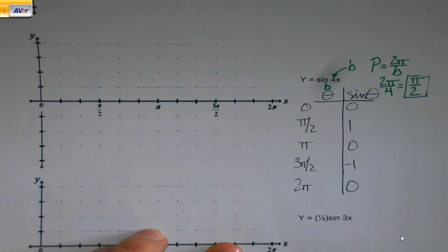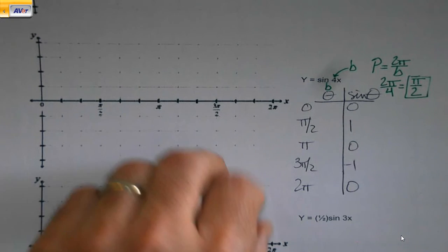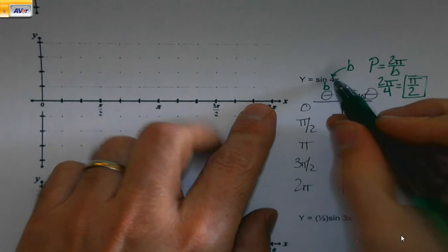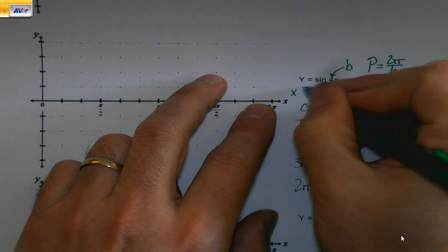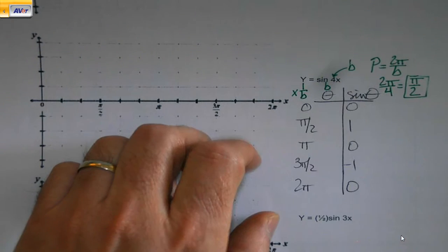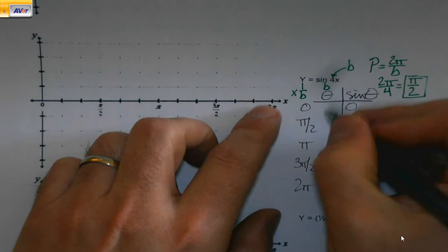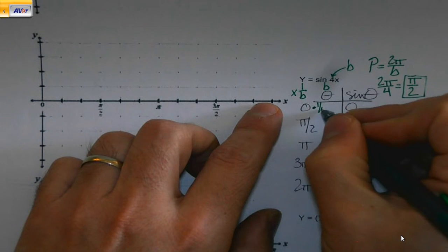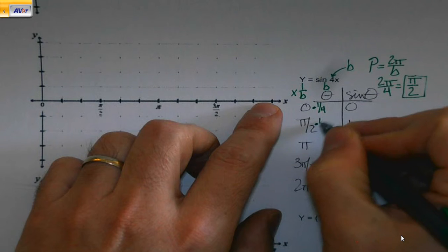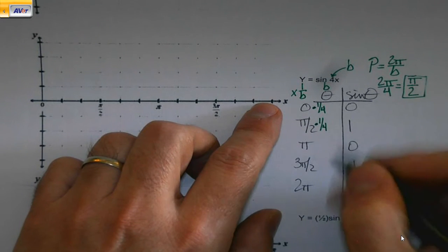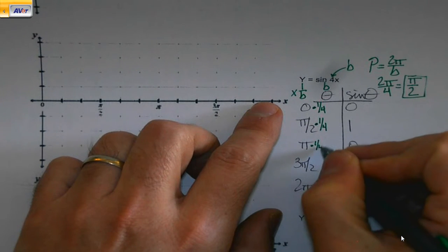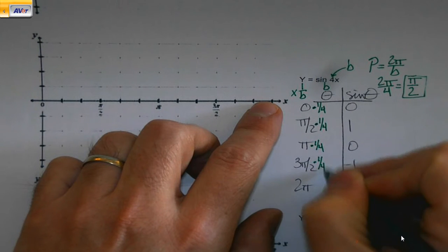Which is a good question. Here's how we do it. Whatever our B value was, in this case it's 4, we can always multiply all of our values by 1 over B. In other words, I'm going to multiply all of these by 1 over 4. Every single one.